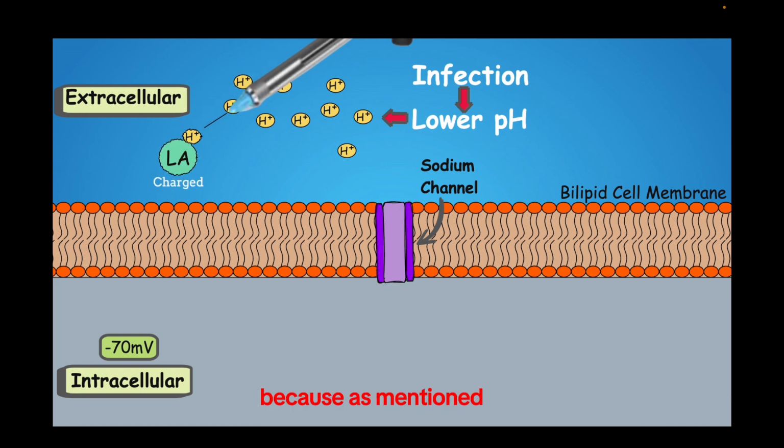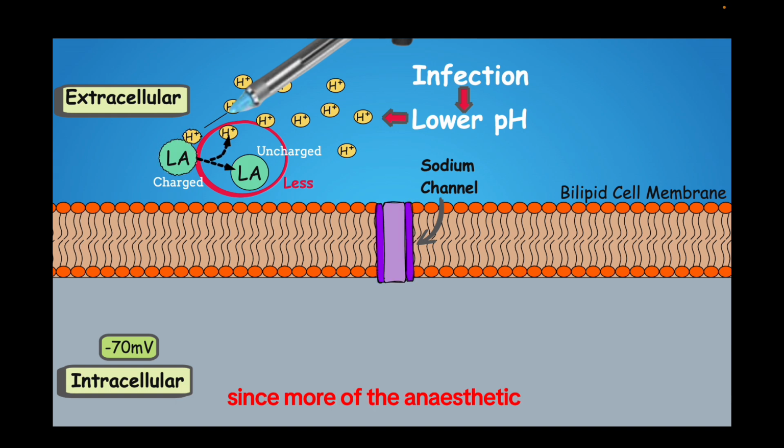Now, because, as mentioned, there are more hydrogen ions already available in this area, this shifts the equilibrium towards the ionized form, which means that a higher proportion of the anesthetic will be in the charged form. And you will recall that only the uncharged form of the local anesthetic can easily diffuse across the lipid bilayer of the nerve cell membrane. In an acidic environment, since more of the anesthetic is in the ionized form, less of it is available in the uncharged form to penetrate the nerve cell membrane, and thus less of the drug can enter the nerve cells.